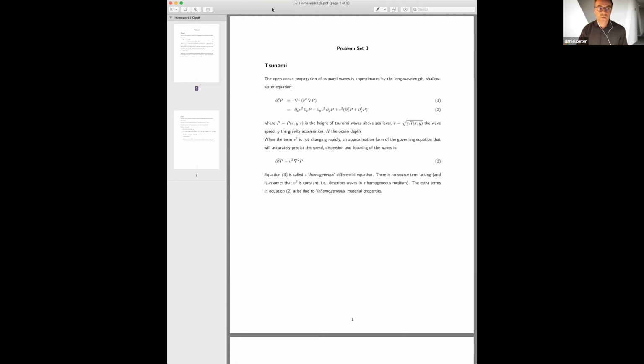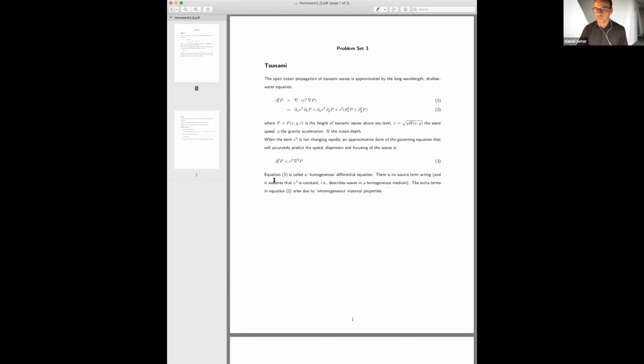But so the problem set is basically you start with the shallow water equation, and then we can further simplify it a bit, but just assuming that this velocity term is not changing much. So we take it out basically of the derivative.